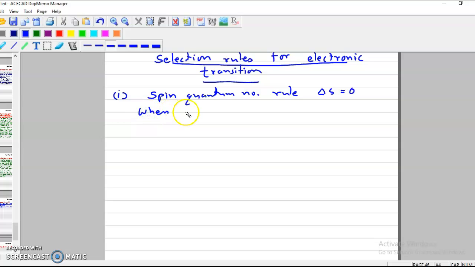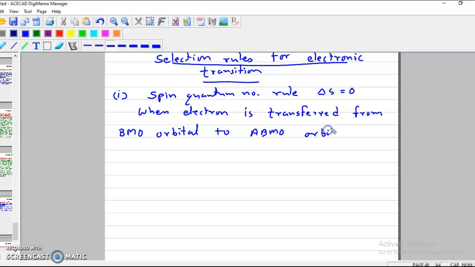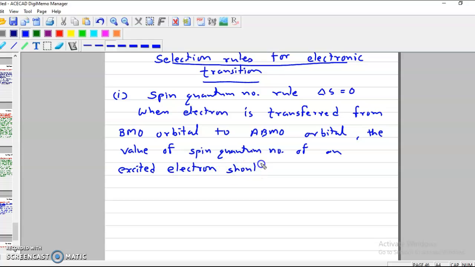So when an electron is transferred from BMO orbital to ABMO orbital, the value of spin quantum number of an excited electron should remain the same for allowed transitions.